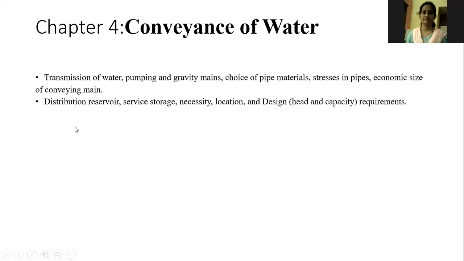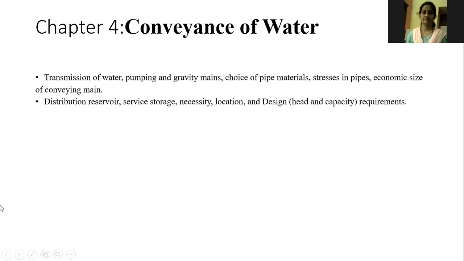Along with these accessories, we are going to study some design factors, and what care we need to take while transmitting the water from one place to another.